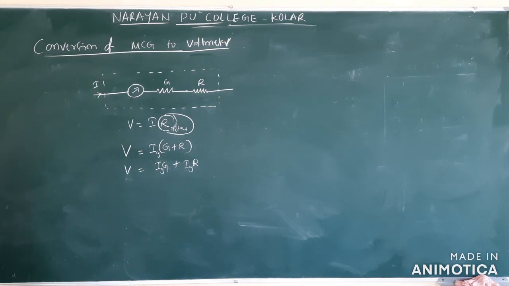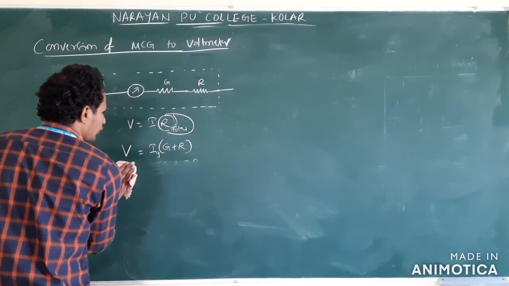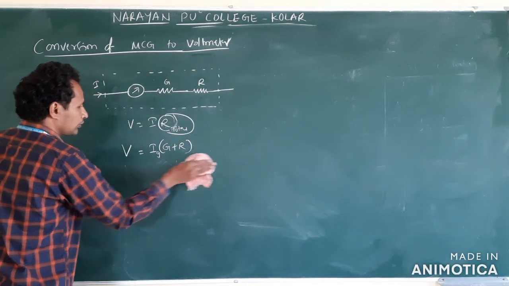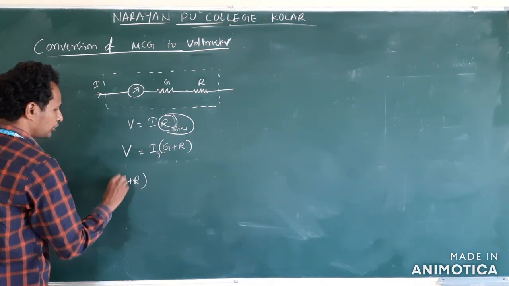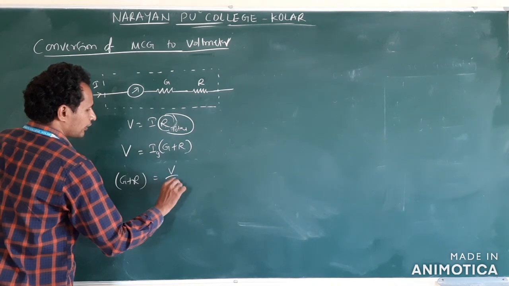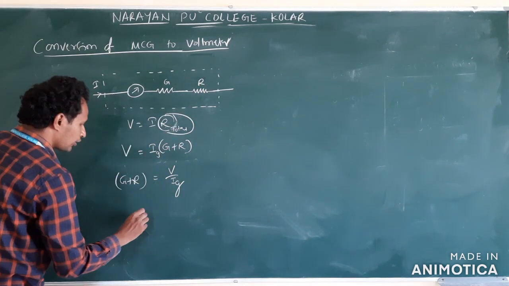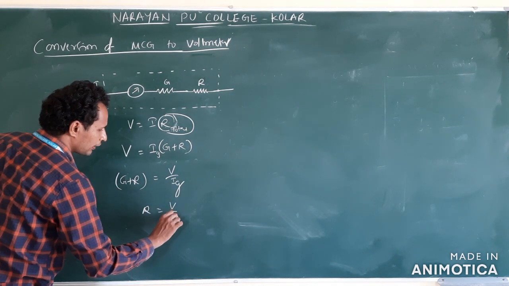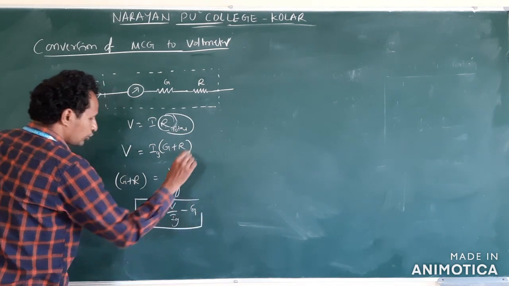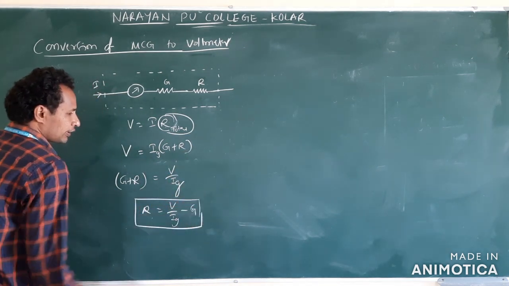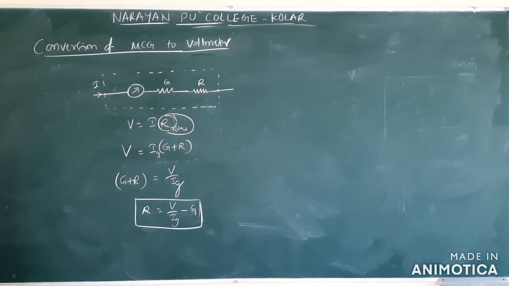Instead of that, we will make it simple: make G plus R the subject, V by I G. We are interested in finding R. So R is equal to V by I G minus G. Using this expression, the range of the voltmeter changes, like the ammeter example I explained.